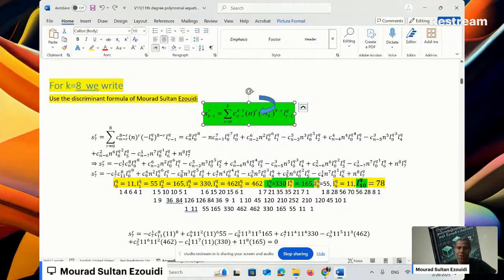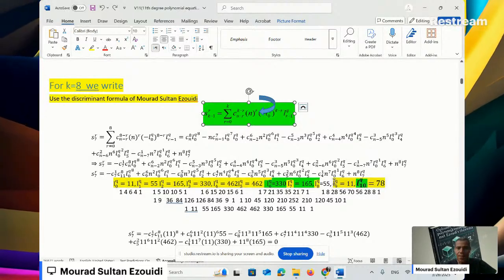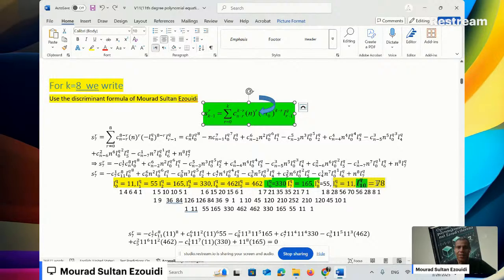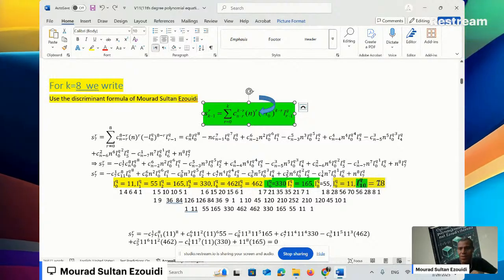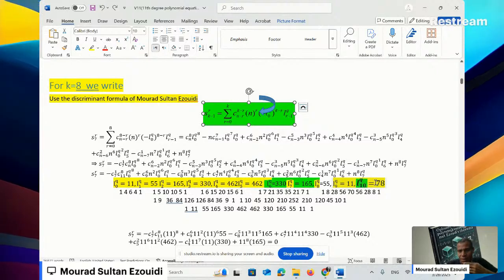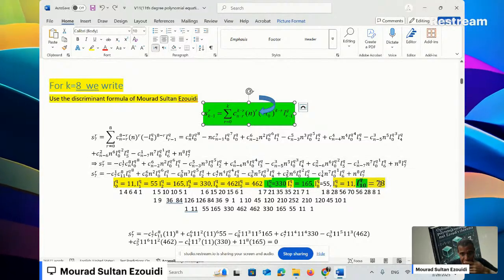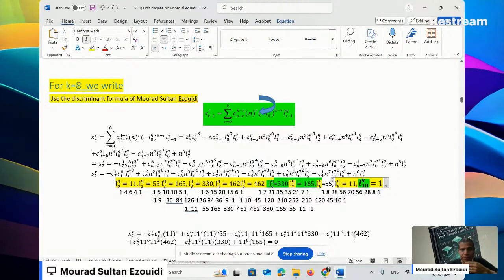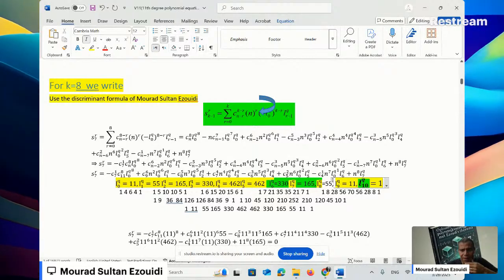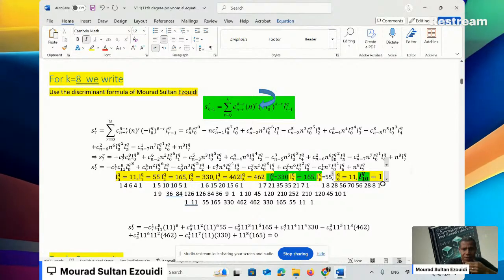Means you are going to use these coefficients, except L8, L9 and L10, which are equal to 1. I will replace these with 1. Now you can see that 11 raised to the power 8 is a common factor, isn't it?